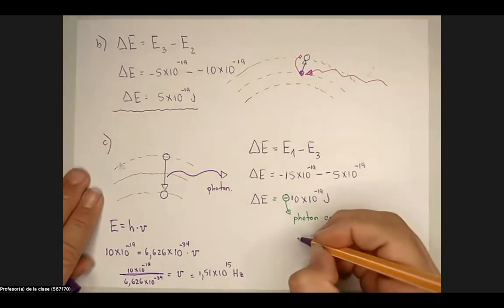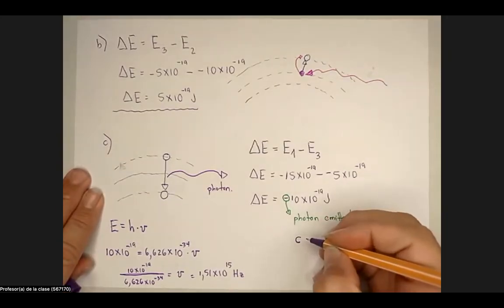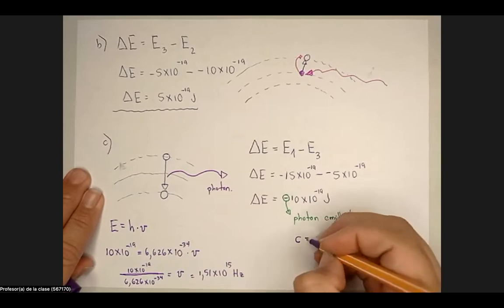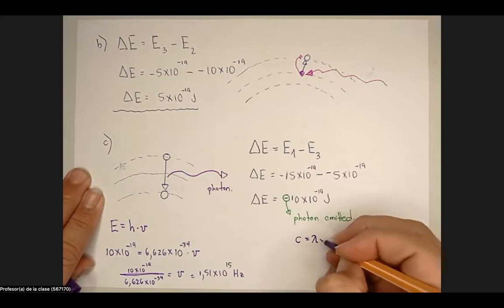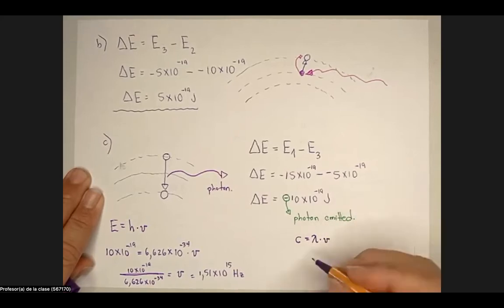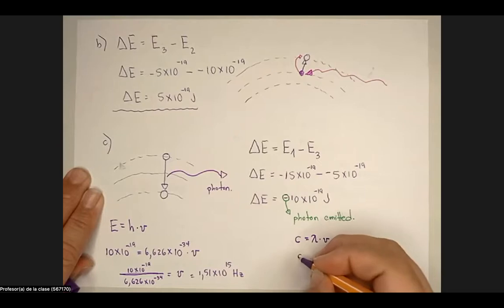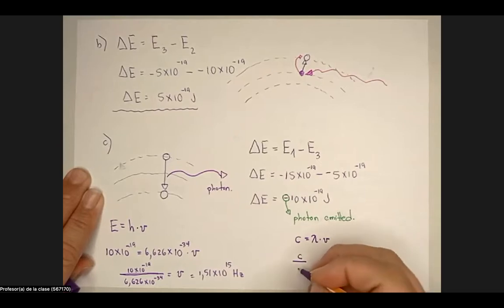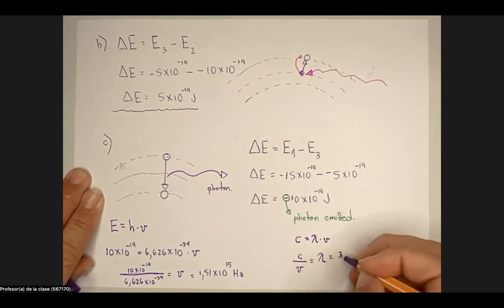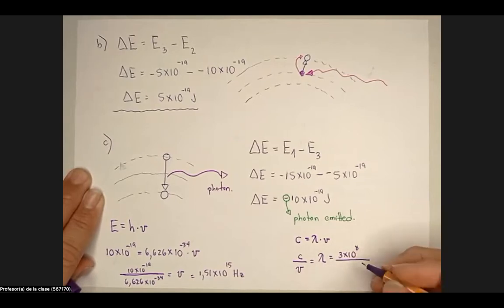And the last one will be that the speed of light is wavelength times the frequency. So the speed of light divided by the frequency will be the wavelength. 3 by 10 to the 8 exponent divided by 1.51 by 10 to the 15 exponent.